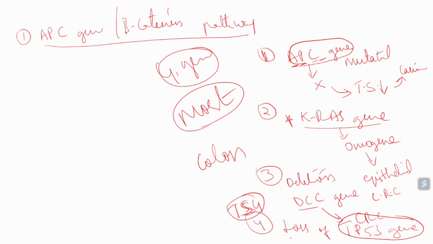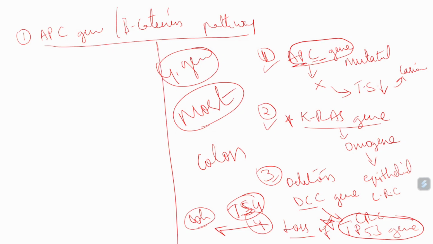If TP53 activity is lost, it will cause not only colorectal cancer but also other cancers. So these are four different steps or mechanisms in the APC gene beta catenin pathway.